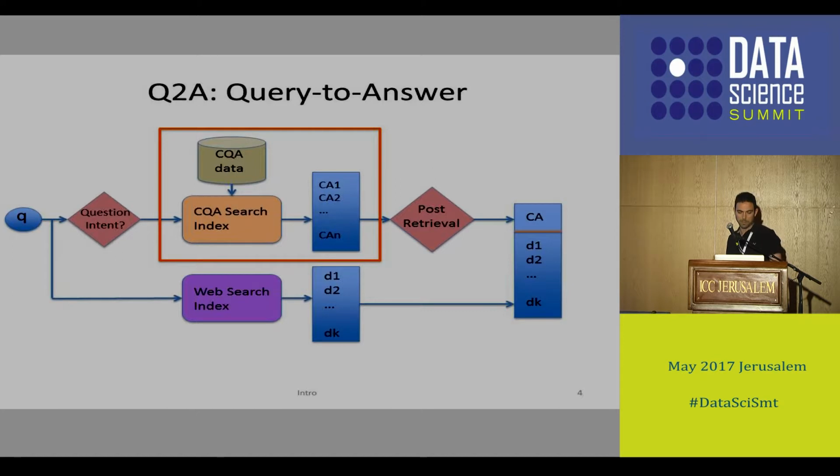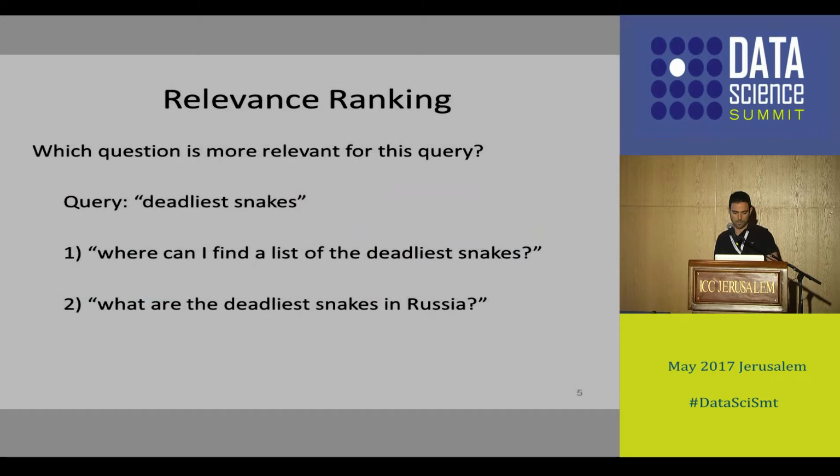Then in the middle, this is the retrieval and ranking module, which is the focus of what I'm describing today. And finally, a post-retrieval filter that determines if the system could retrieve a high-quality result and it should be displayed at the top of the result page or not.